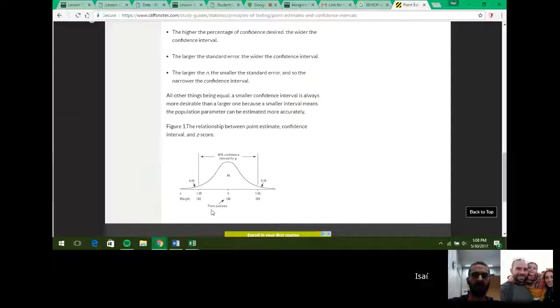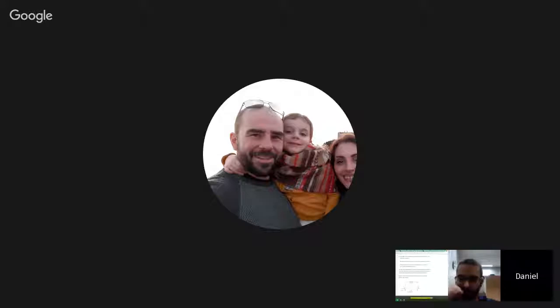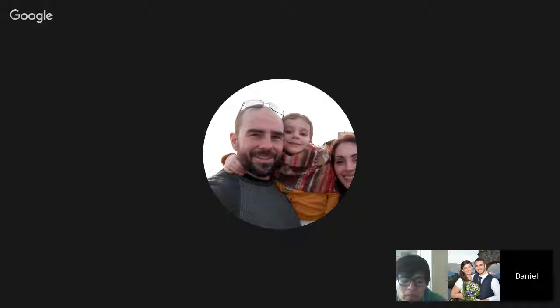Could that be it? The center part? Like here in the textbook, it says that the point estimate is the sample standard deviation.